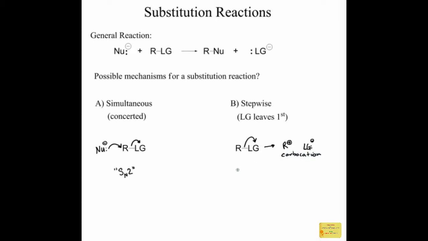And then that carbocation could combine with the nucleophile to give our substitution product. And in fact, that mechanism happens as well. This mechanism is known as the SN1 mechanism. So we're going to be learning both about this concerted mechanism and this stepwise mechanism, and they're called the SN2 and the SN1.